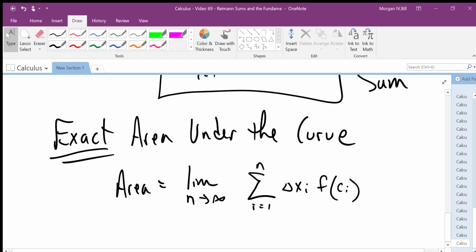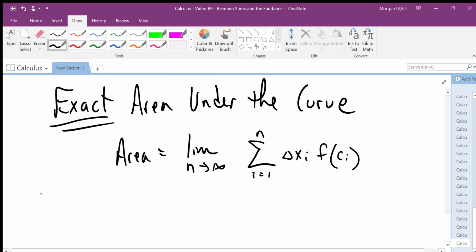This is technically how I think about the area under the curve. The exact area is I have all these rectangles, and I let the number of rectangles go to infinity. Which, by the way, remember that delta x is equal to (b minus a) over n if they're all the same size.